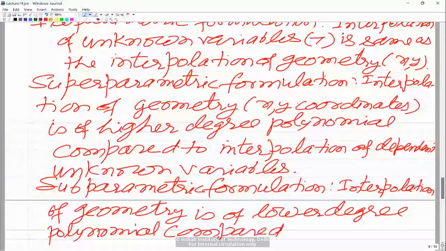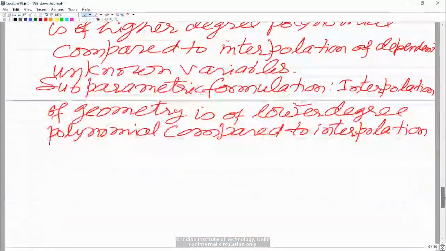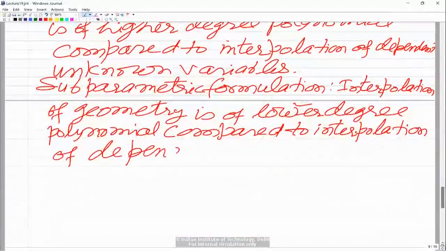So in the earlier case it is higher, as you see, and only here it is lower.